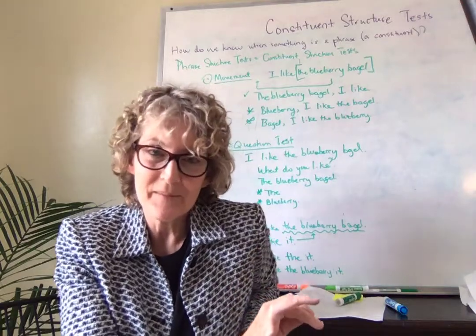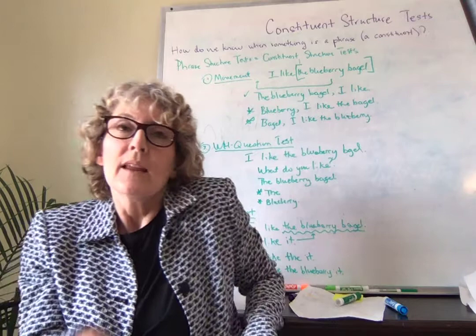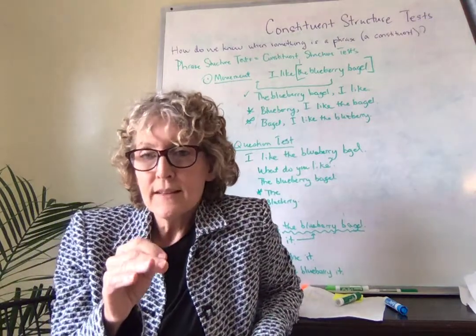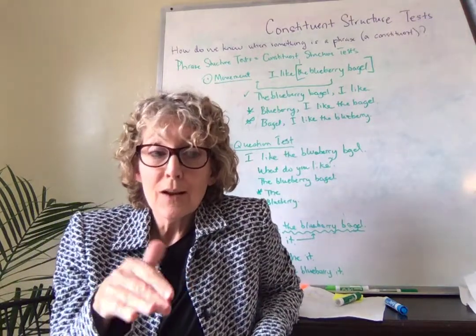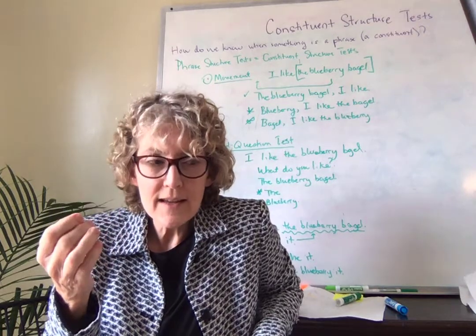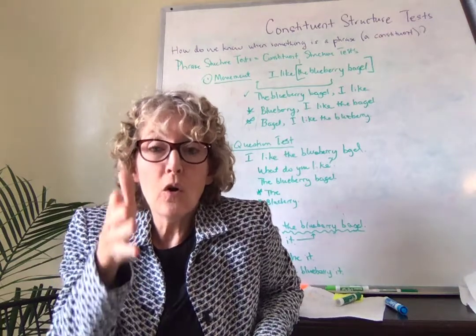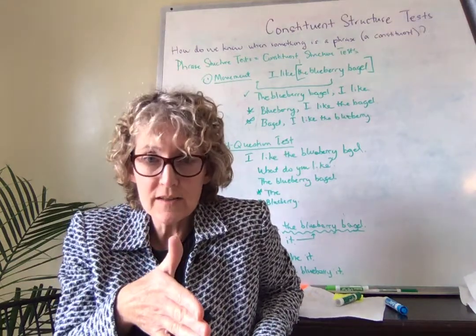So what we can see is that when we form a sentence with movement, we're following an abstract rule which says, in order to form a question with movement, you always use a phrase.